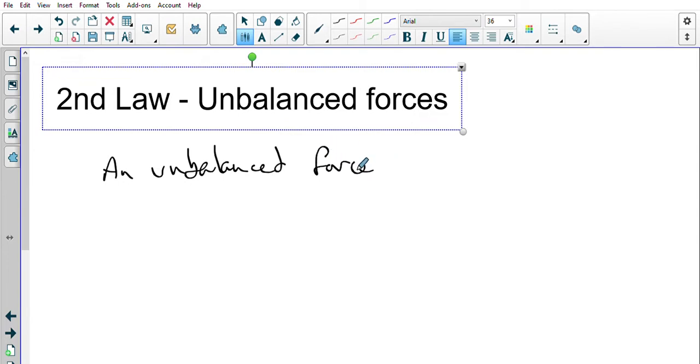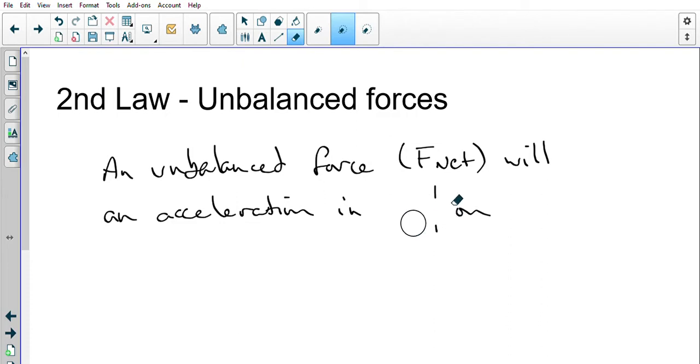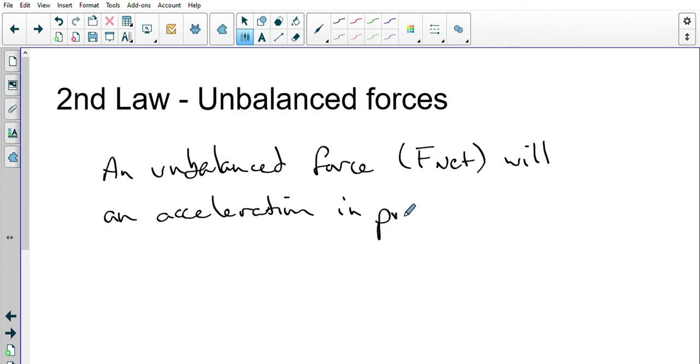We're going to be talking a lot about balance of forces, but an unbalanced force, which we're going to call a net force, will cause an acceleration in proportion to its mass.